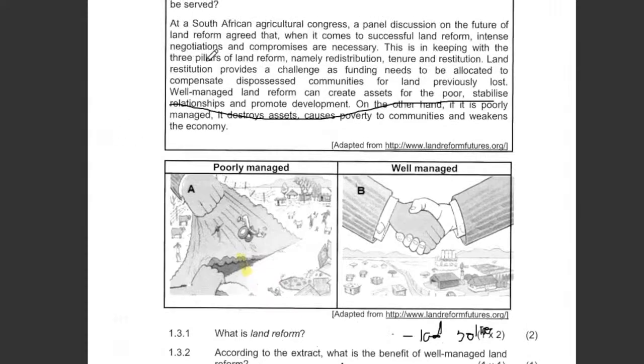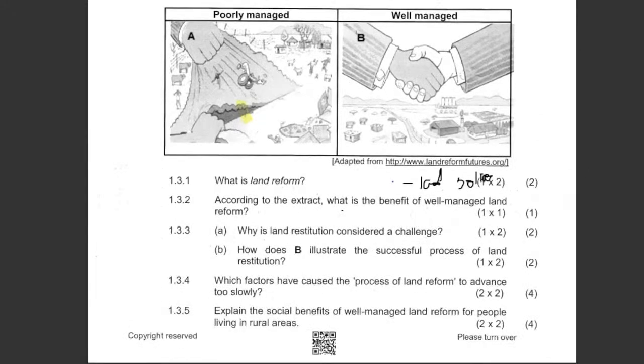Land restitution, it is indicated somewhere here that this is keeping with the pillar of the reforms, namely these three pillars, and then they said land restitution provides a challenge as funding needs to be allocated to compensate. It's a challenge because funds are not readily available to compensate, because funds need to be allocated. So it becomes a challenge because the funds need to be available, but in most cases they are not. Okay, we go to the next one.